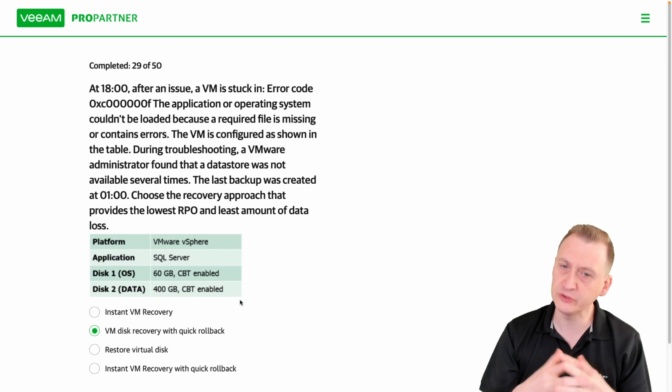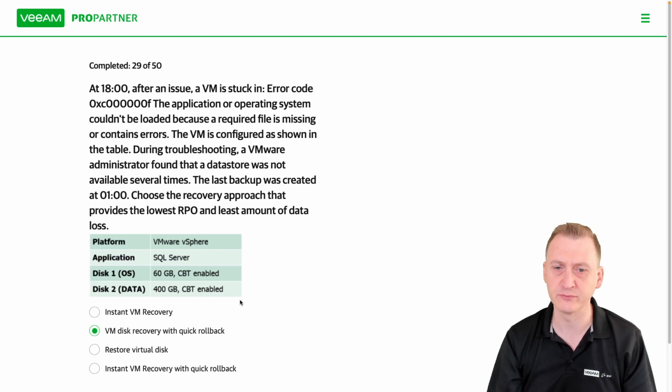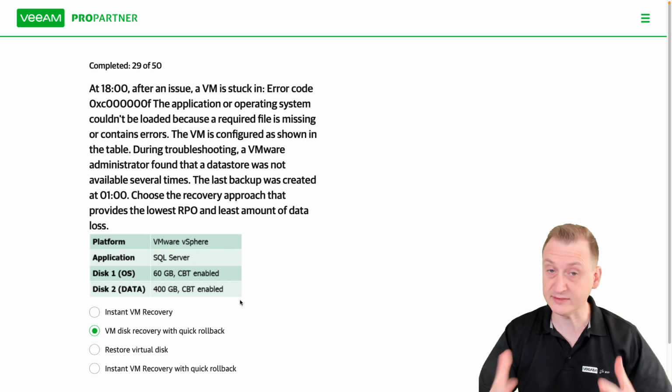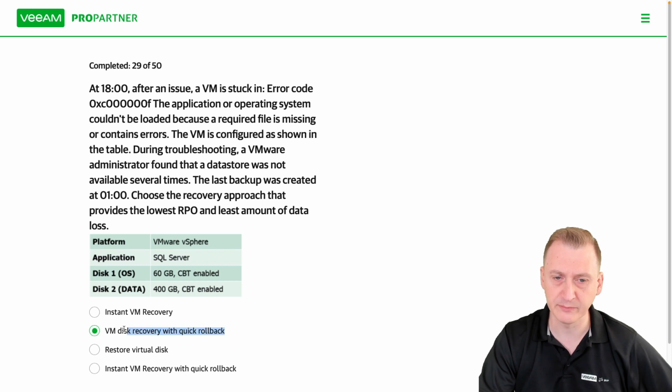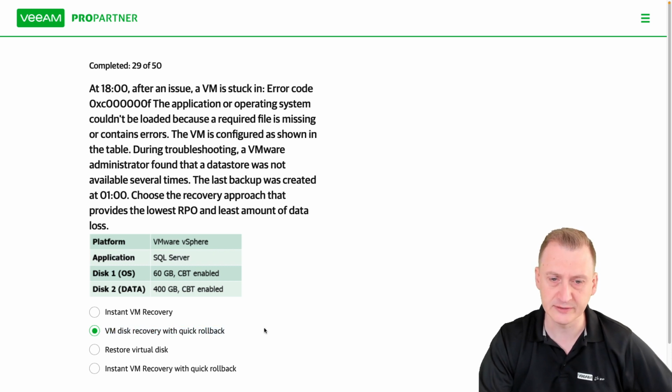Well, then we don't know exactly what has happened. We just know that there's some problem, it's potential corruption. We can't necessarily trust the change block tracking anymore, so it's not safe to use quick rollback. So I'm not going to be able to use this feature here.